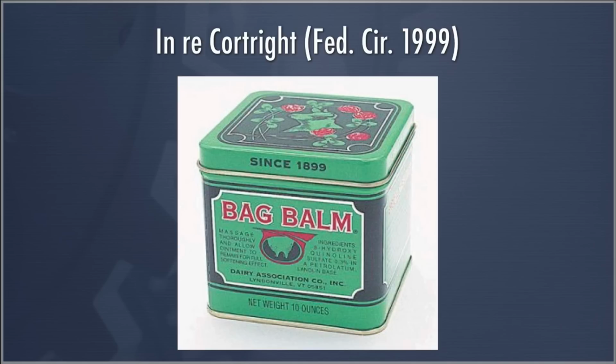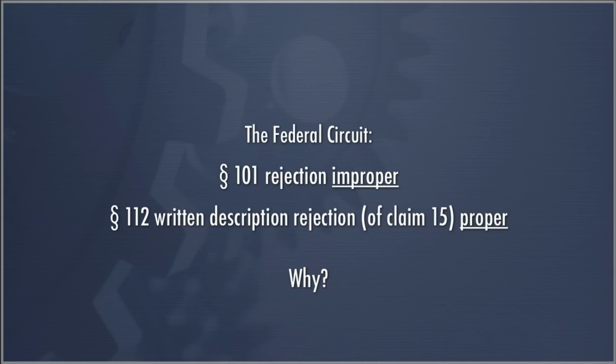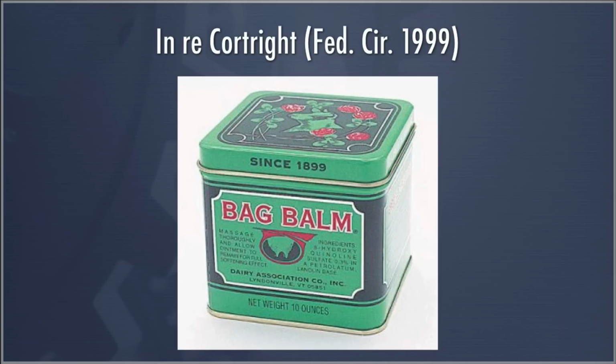You can see from the packaging that it's been around since 1899. In the Courtright case, the patentee claims the use of Bag Balm to prevent male pattern baldness. So the idea is that you rub the Bag Balm on your head, and it will either prevent your hair from disappearing or will in fact grow new hair.